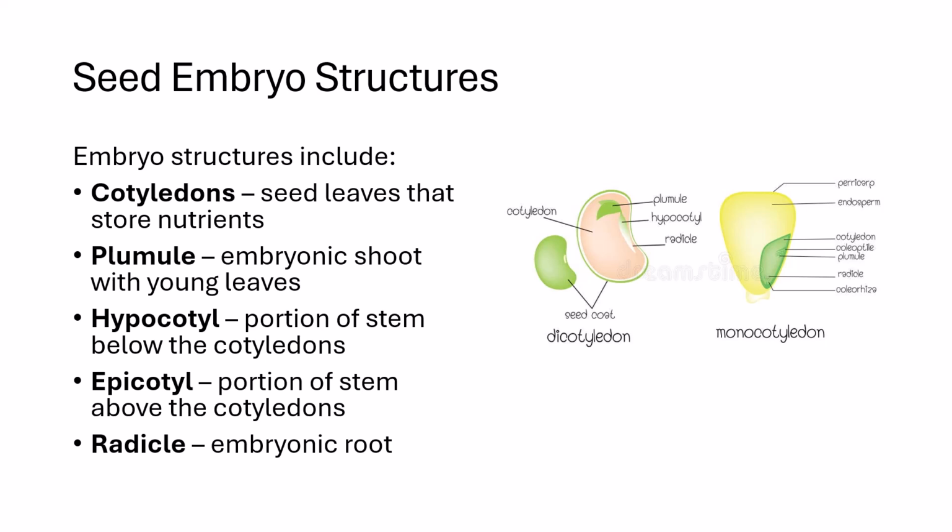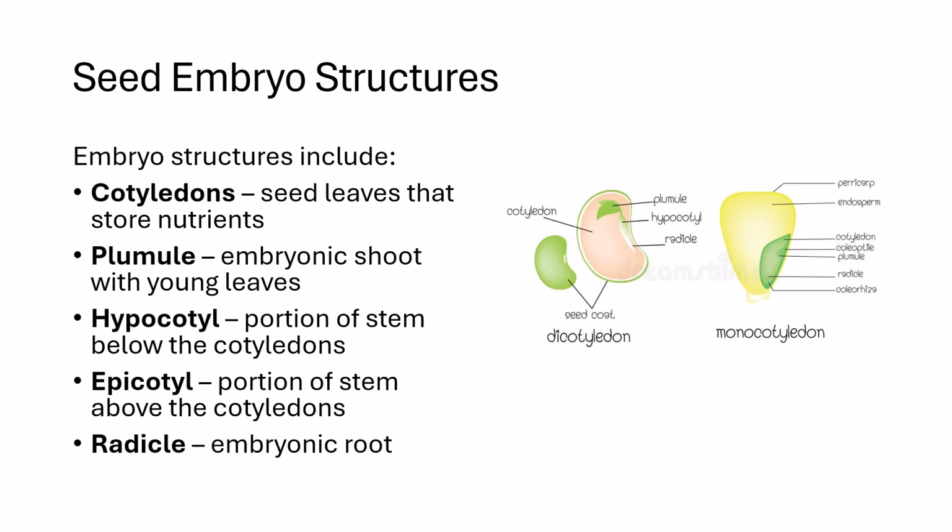These are the main structures you'll be looking for inside the seed. At the center of the seed is the embryo, which is the young plant in an early developmental stage. The cotyledons, sometimes called seed leaves, store nutrients that support early growth after germination. The plumule is the embryonic shoot that will eventually develop into the stem and the first true leaves.